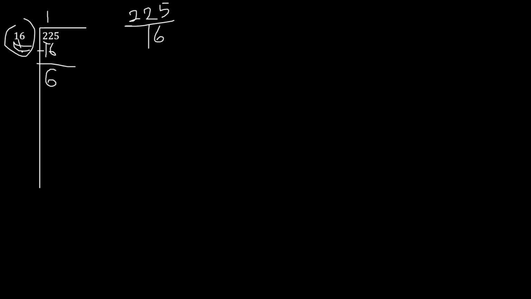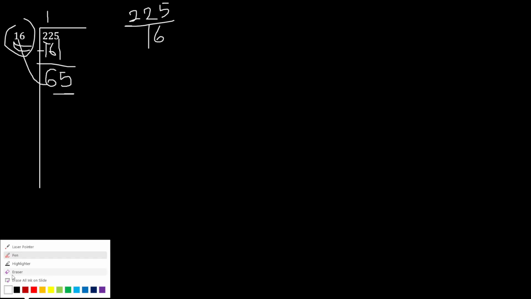We want to use 16 to divide this. You can bring down the 5 to make it 65. You want to use 16 to divide 6. You know, it's not enough. We combine this one to 5. That makes 65.